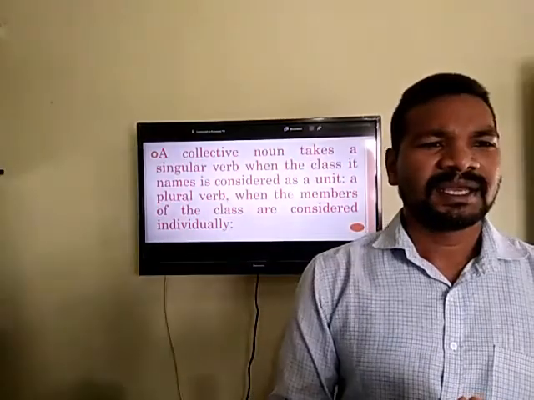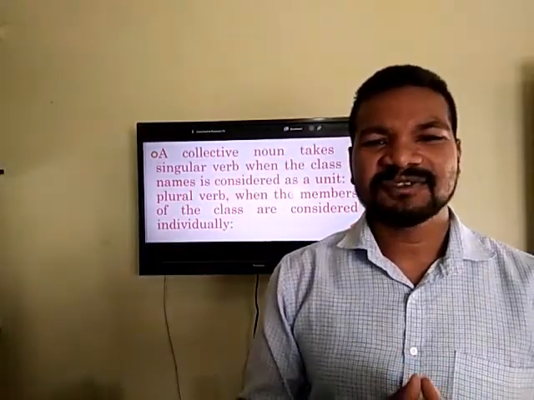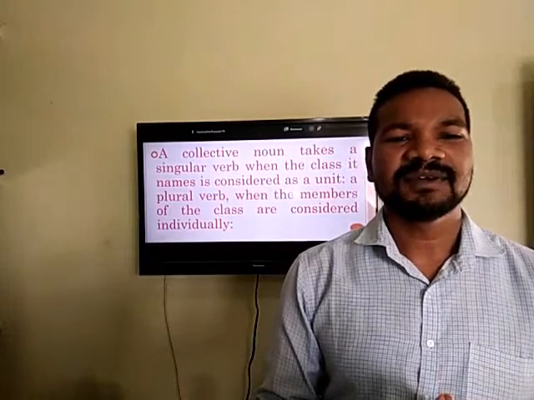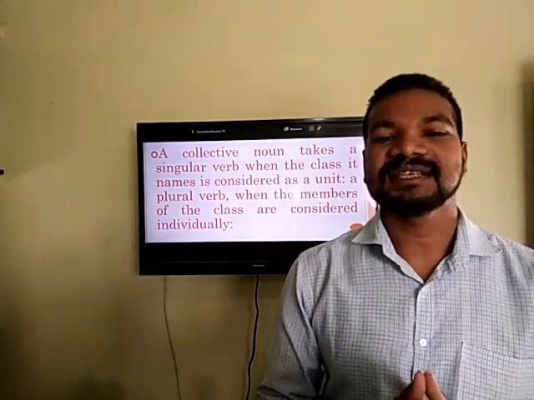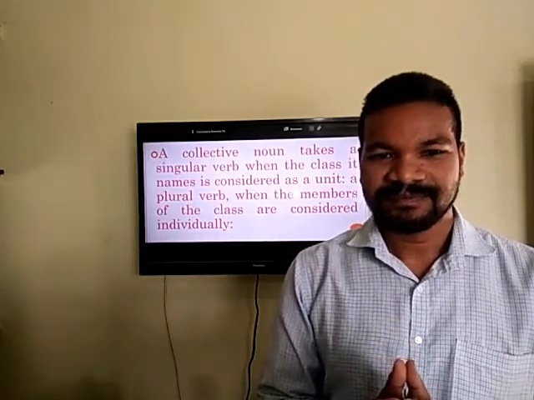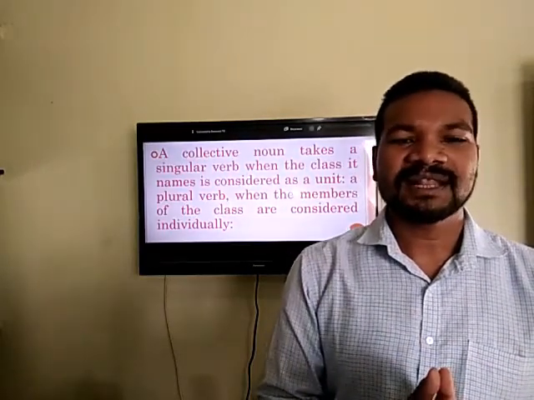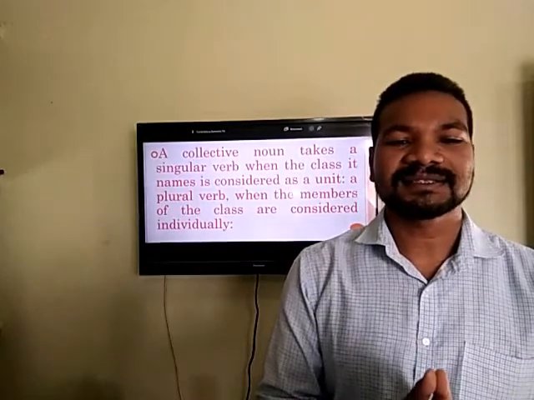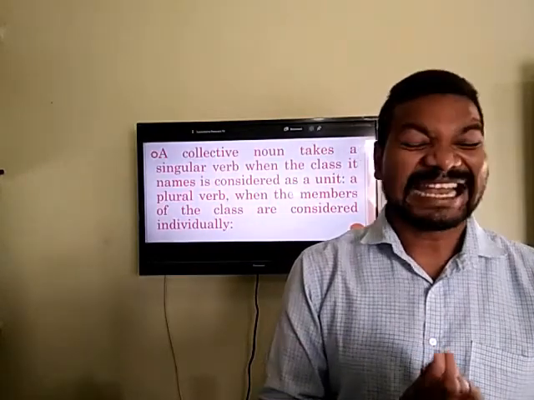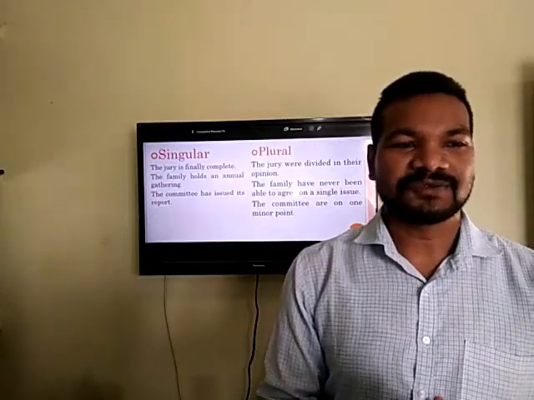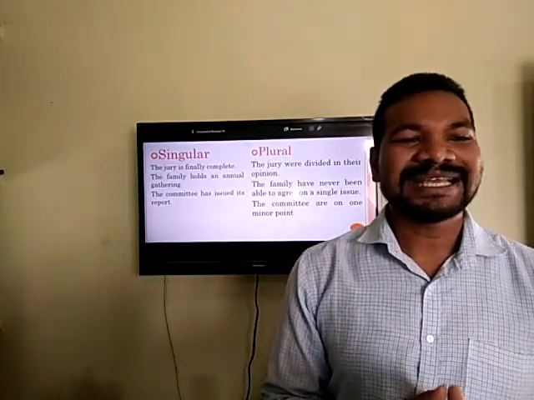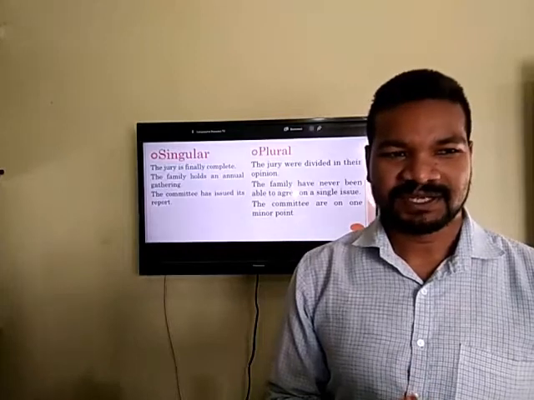Next rule: a collective noun takes a singular verb when the class it names is considered as a unit, and a plural verb when the members of the class are considered individually. Let's see the example, then it will be clear. The jury is finally complete.